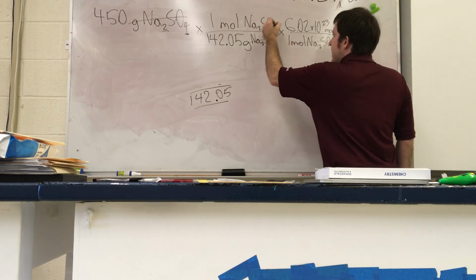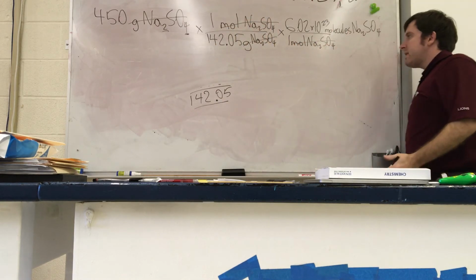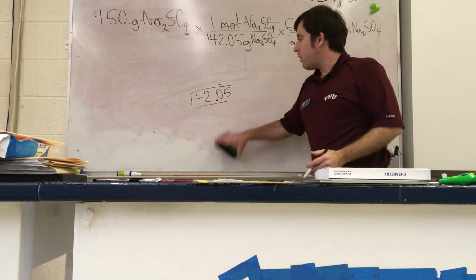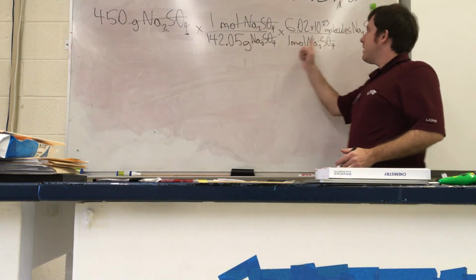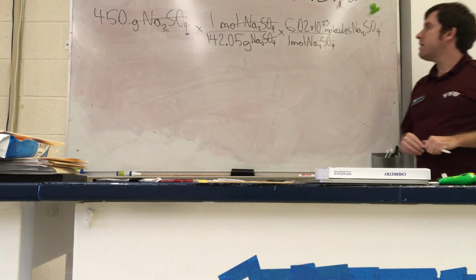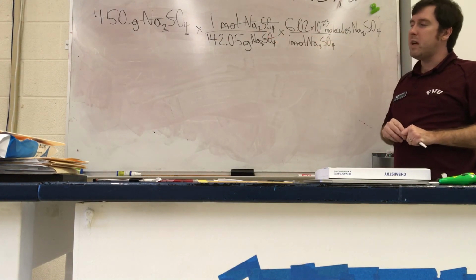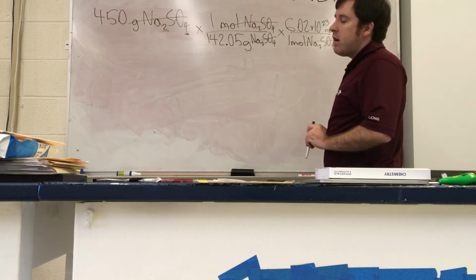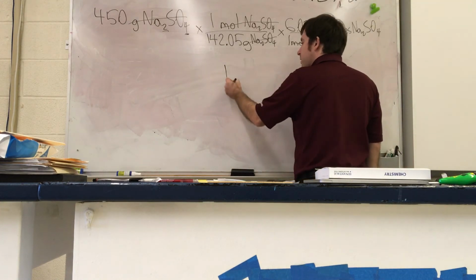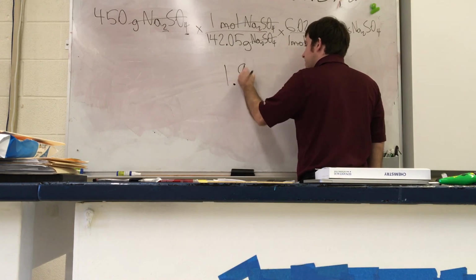The mole units cancel. Now, once again, we have a math problem. I'm going to go on and erase this. We moved it out of the way already. Use it up here. We're going to do the math now. 450 times 6.02 times 10 to the 23rd divided by 142.05. You should come out with an answer that's somewhere around this.